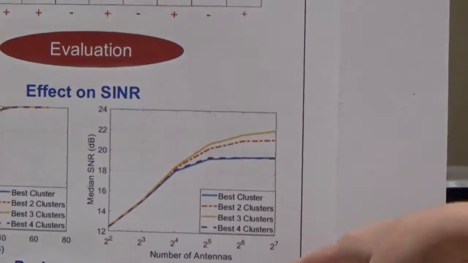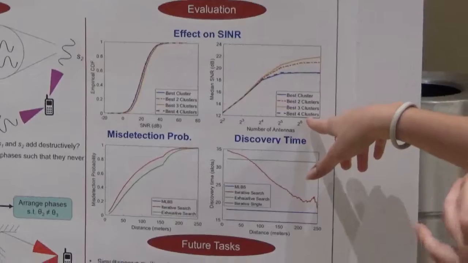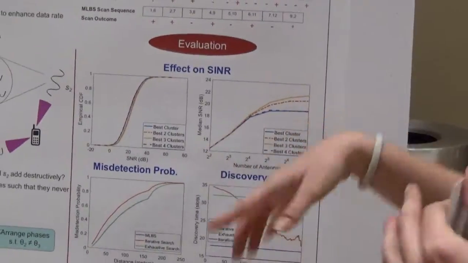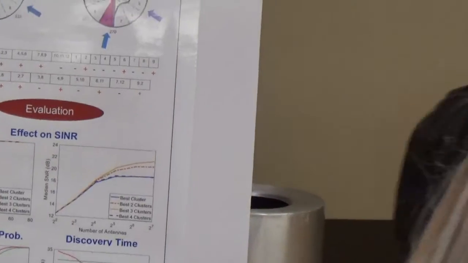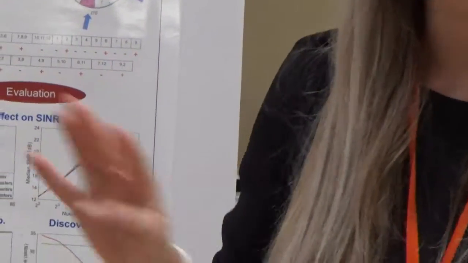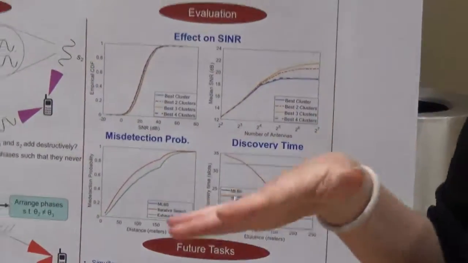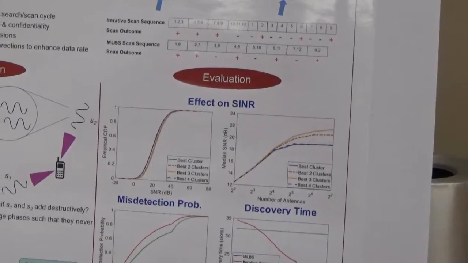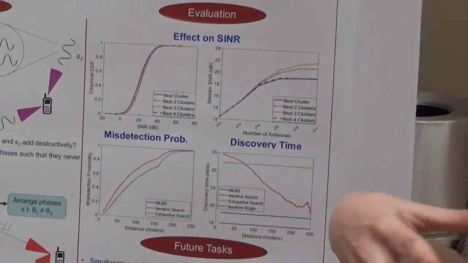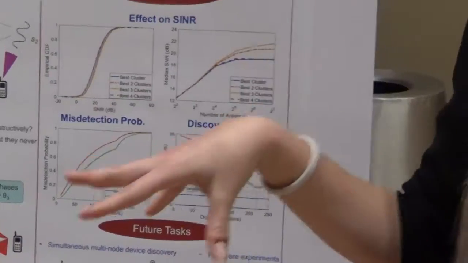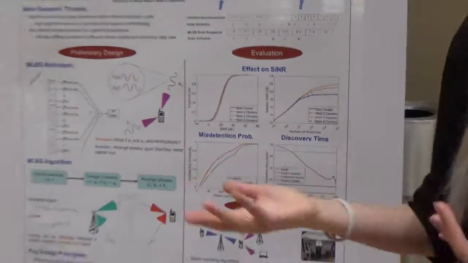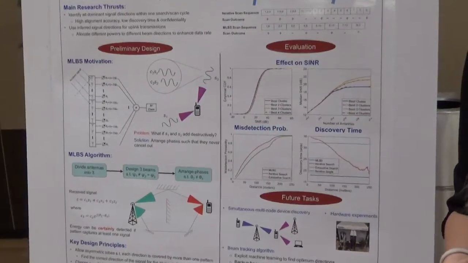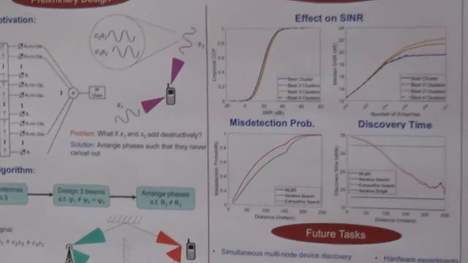But if we look at more clusters, it goes back down, simply because this is the 3GPP model. Apparently in this model there were about 3 significant clusters, and the 4th cluster had significantly lower power compared to the other clusters. So when you start to allocate some of your antennas to create a 4th main lobe, you're simply wasting your power and not gaining from designing that main lobe.